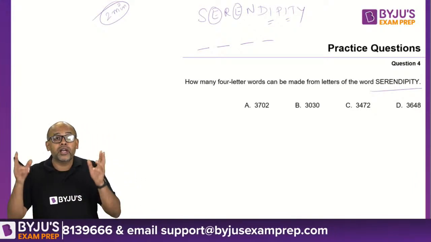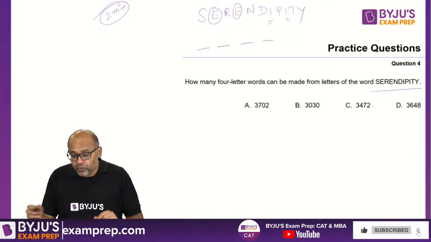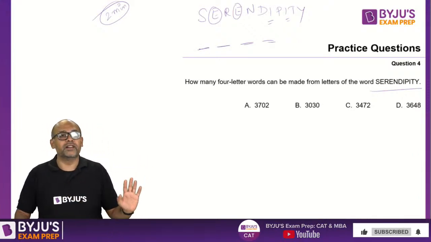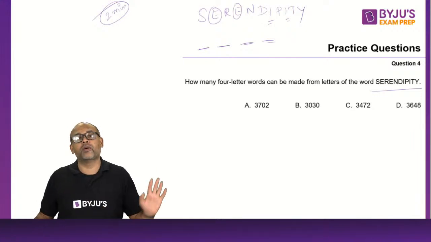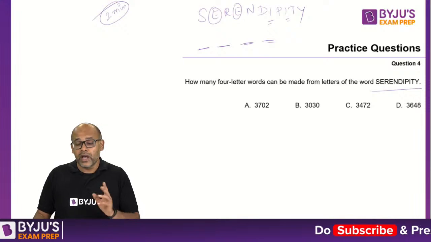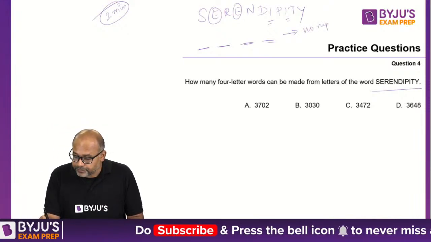Whenever you have a long word in which some letters are repeating and you want to form a shorter word, you cannot do this directly. First thing you need to understand, there is no direct formula for this. The only way in which you can do this is to take cases. What are the cases here? First case is no repetition.